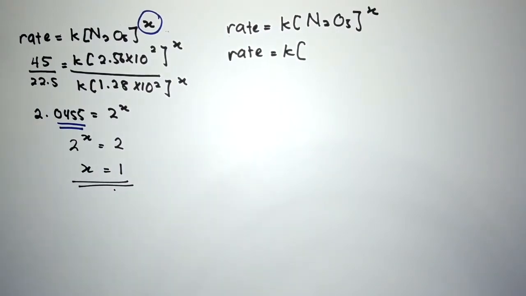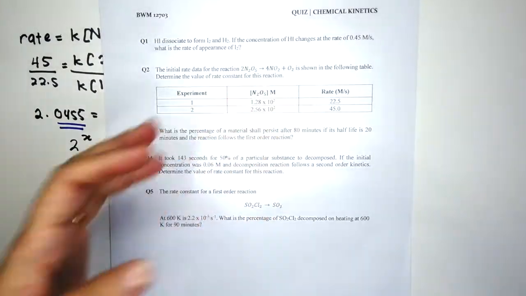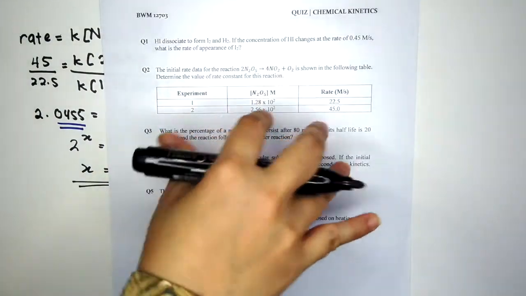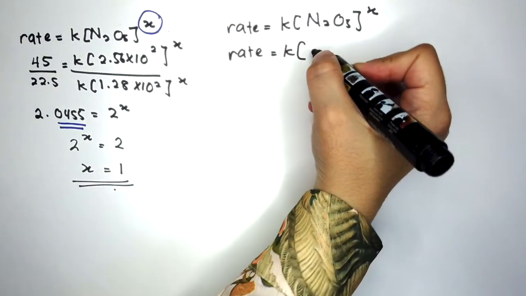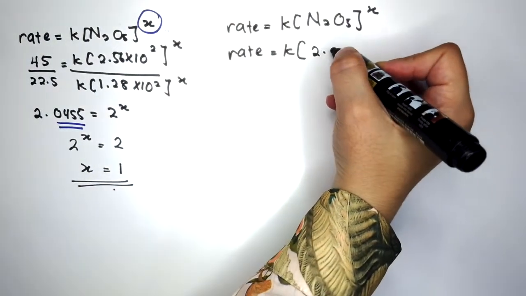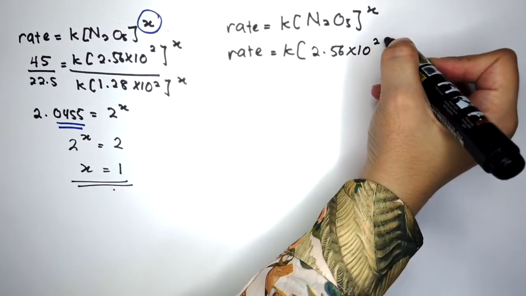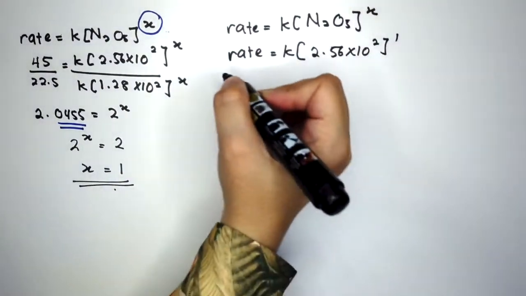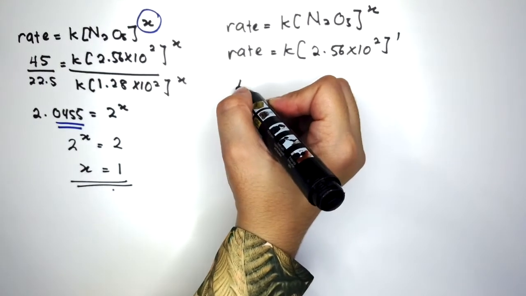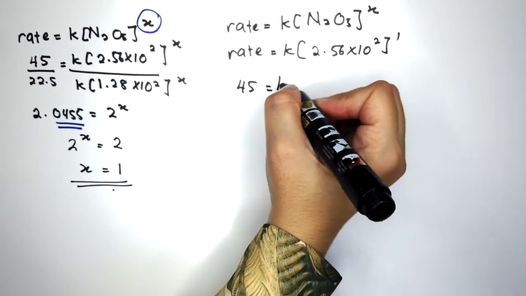So the concentration of N2O5, you can use either one that you want to use. So I'm just going to pick experiment number 2, which is 2.56 times 10 to the power of 2 to the power of 1, where the rate is 45.